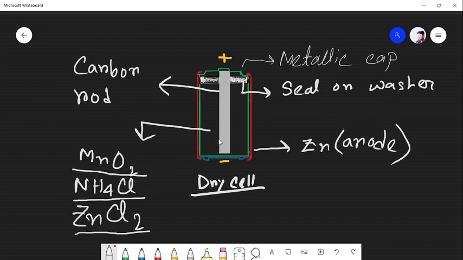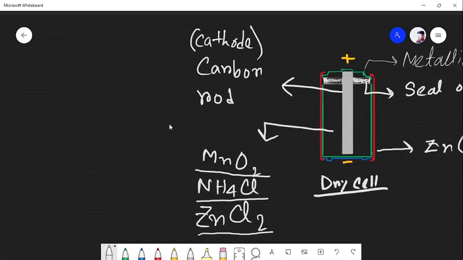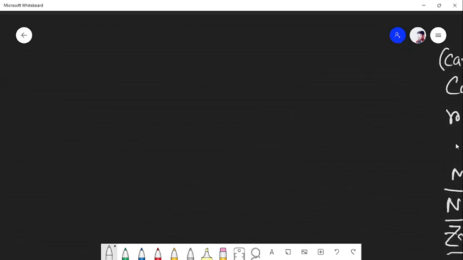In the middle is a carbon rod, which works as the cathode. This becomes the negative terminal of the battery, and this is the positive terminal. Now let's see what reactions take place here.